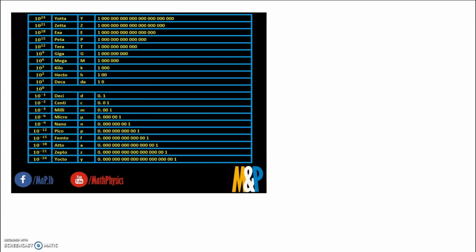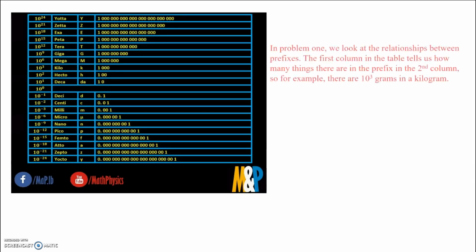So I pulled this off of a math and physics website that I like. You can get this anywhere. This is common knowledge. It's out there in the public domain. But when we look at this, what we want to look at is the relationships between the prefixes.